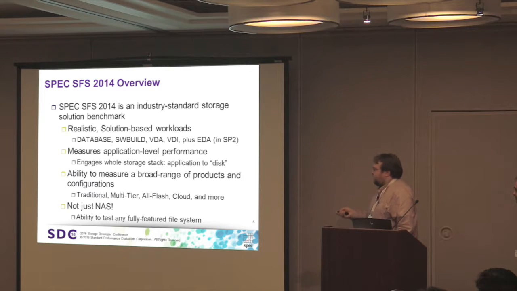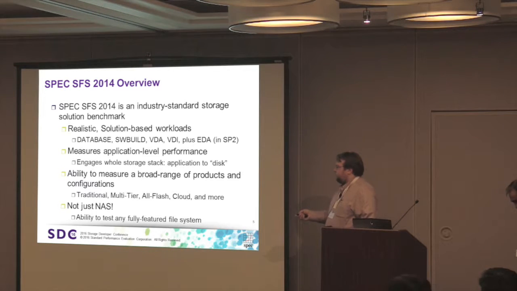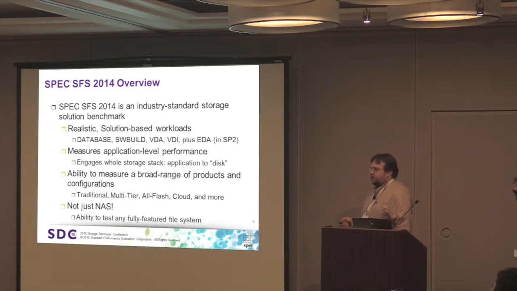And because we have this flexibility and we're not generating our own packets on the wire, we can test a much broader range of product configurations. You can think of regular hard disks, multi-tier hybrid arrays, and all flash, but you can also think cloud storage. Someone just did a test and actually got it running in Amazon, believe it or not.